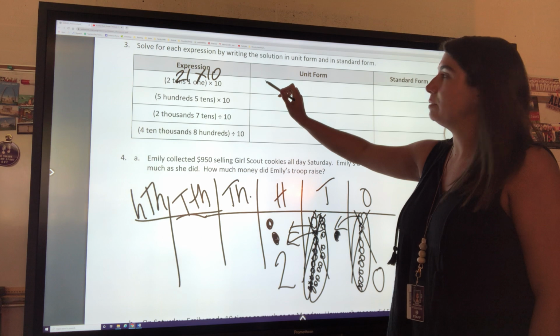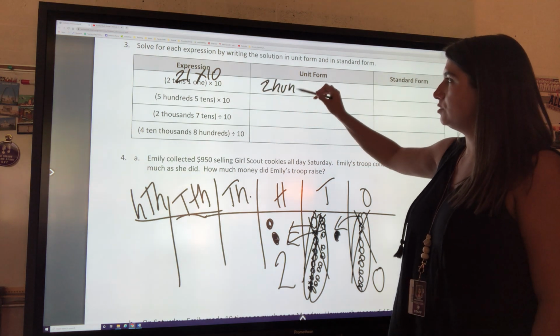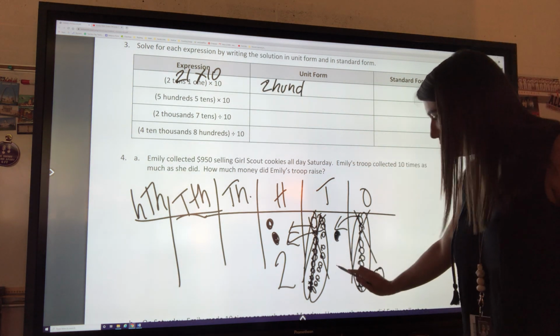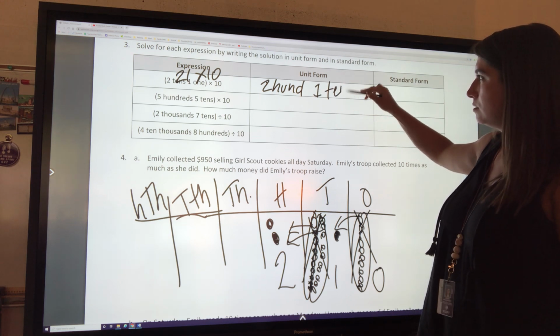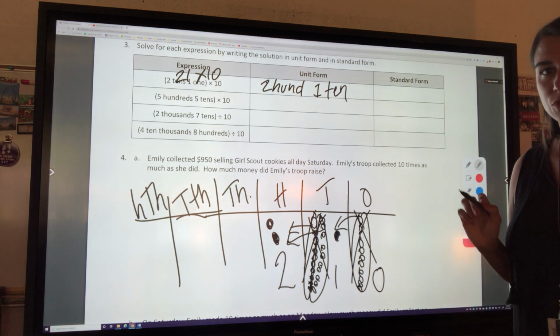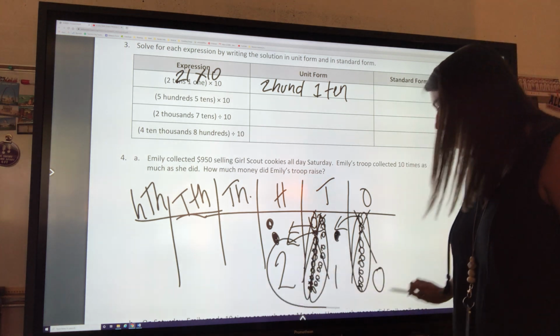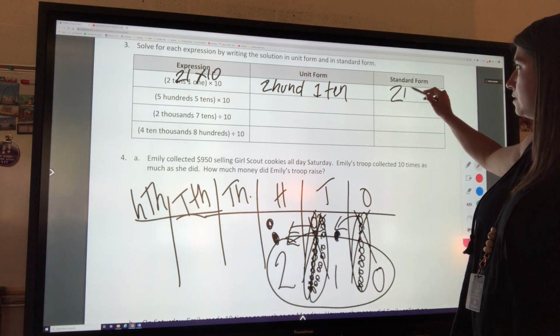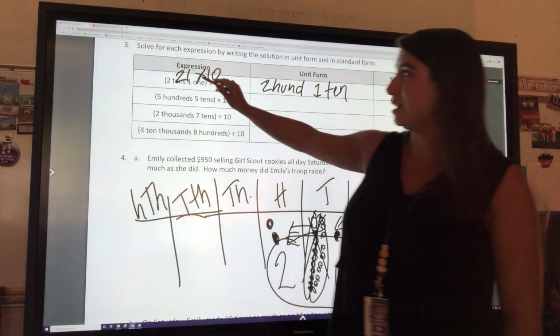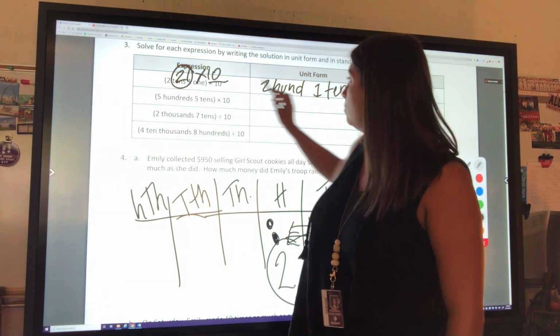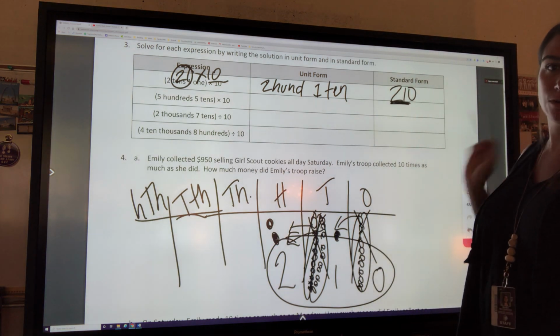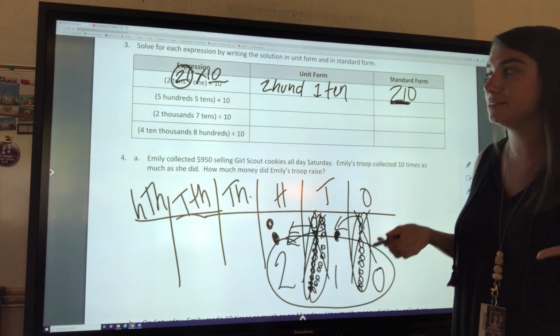So in unit form on your page, you can write 2 hundreds and 1 10. So if I write this out, I should get 210, which again, if I multiply 21 times 10, I get 21 with a 0 on the end. So I just added a 0 to the end.